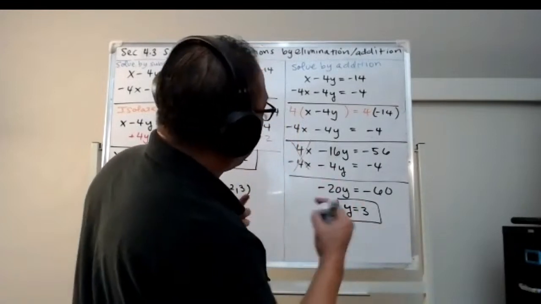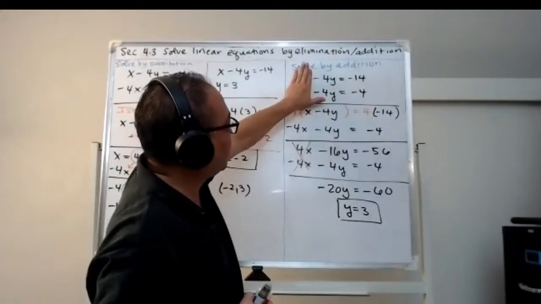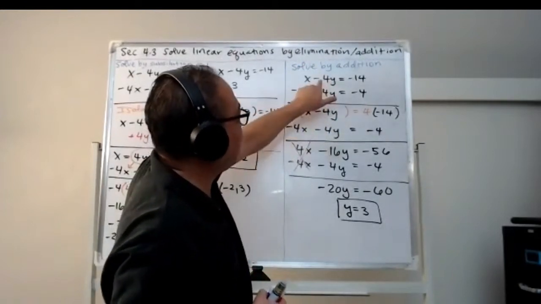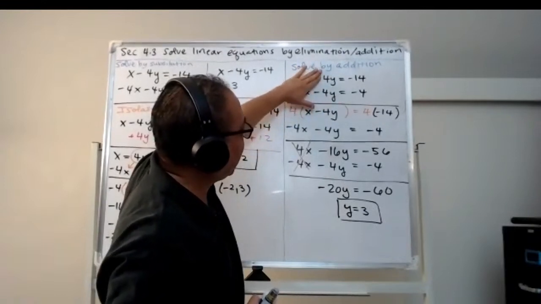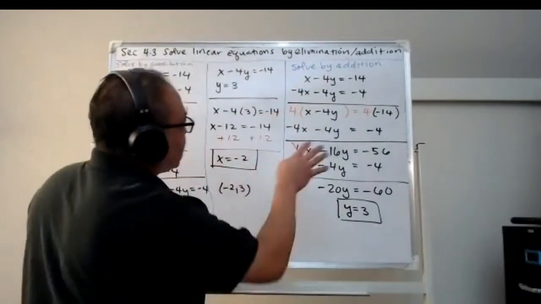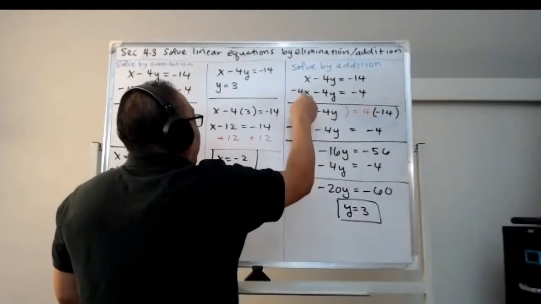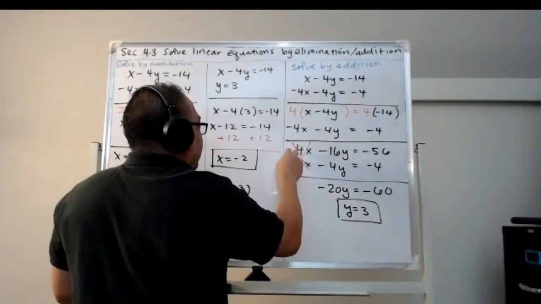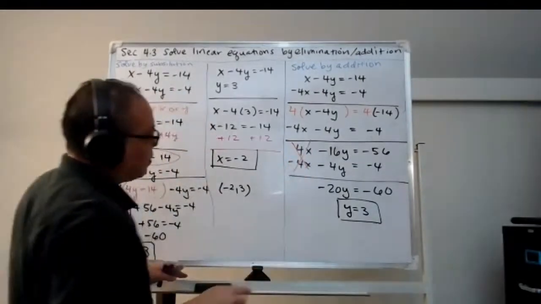Now, what I could have done is multiply this one by minus 1 and get rid of the y's. Or I could have multiplied this by minus 1, make that a positive 4y, and then I could have gotten rid of the y's. So your goal is to make one of these variables disappear by making one of these a positive number and one of these the exact same number but negative.